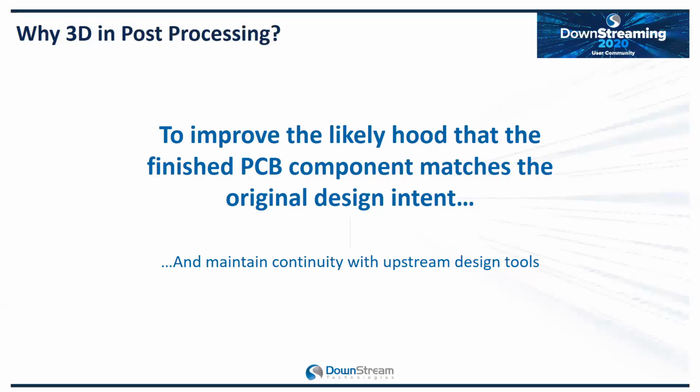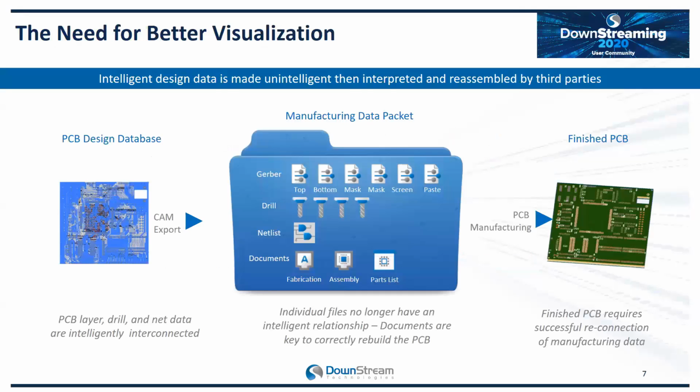And we felt it's important, just like with flex design and so forth, that if something's being done in the design world, we needed to maintain continuity when you moved into post-processing, either in CAM or in documentation. So if more and more designs are being done in 3D, we thought it would be detrimental to force users to go back to a 2D environment to understand what their Gerber issues are before going to manufacturing.